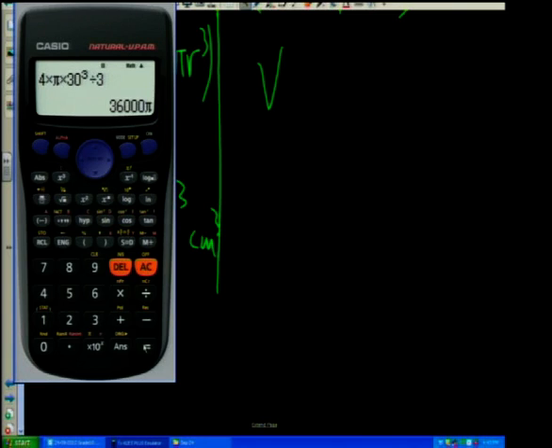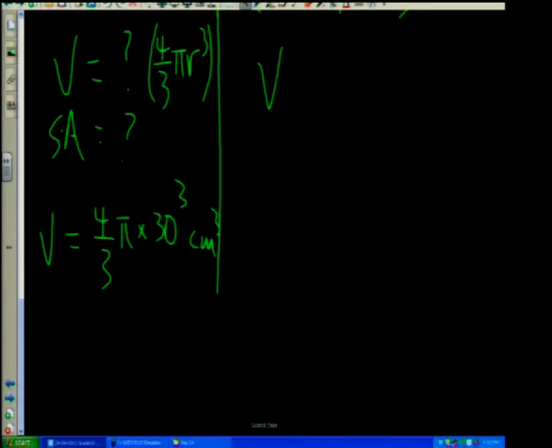And my calculator tells me I will have 36,000 pi, but this is now centimeters cubed.